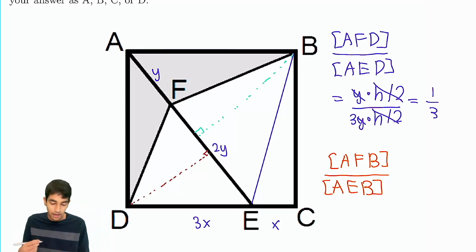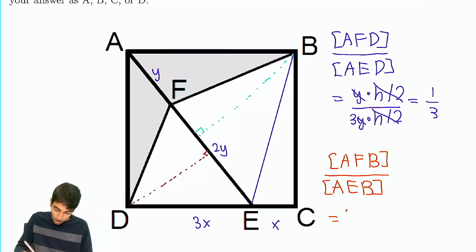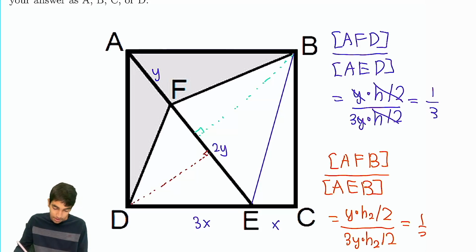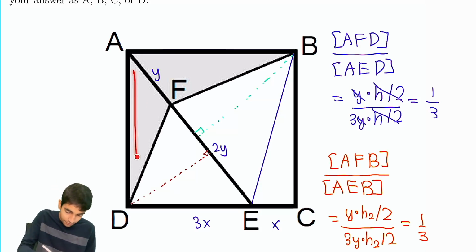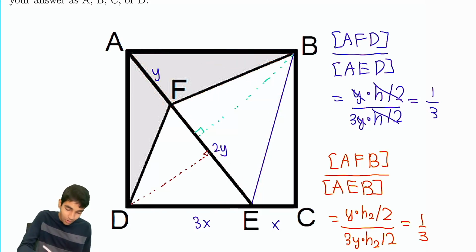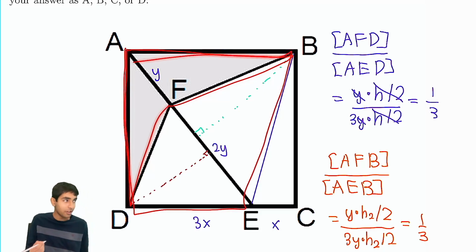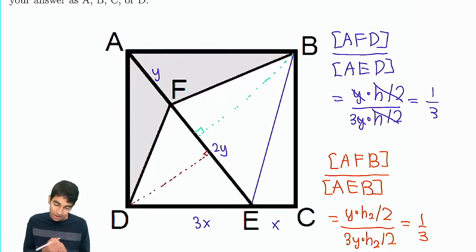It's going to be a different height. We get that this will be equal to y times h2 divided by 2 over 3y times h2 over 2, which is again just 1/3. So if the ratio of this part to this part is 1/3, and the ratio of this to this is 1/3, then the ratio of this whole quadrilateral to this whole region is also just going to be 1/3.